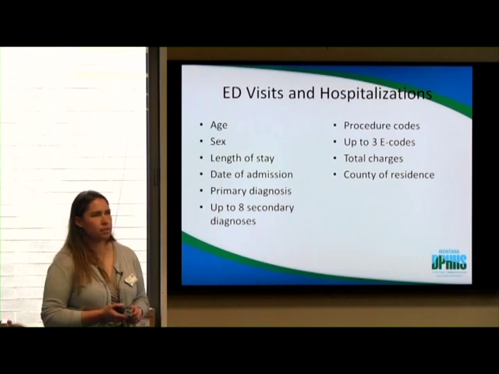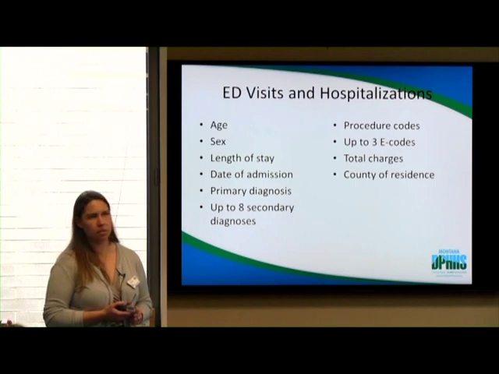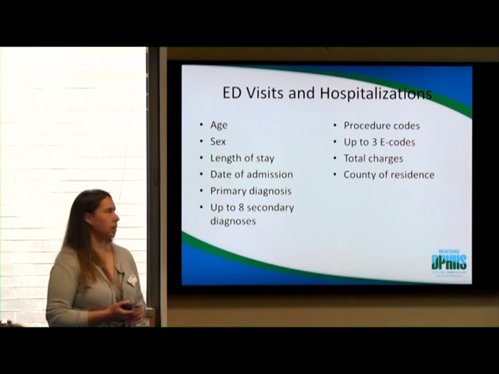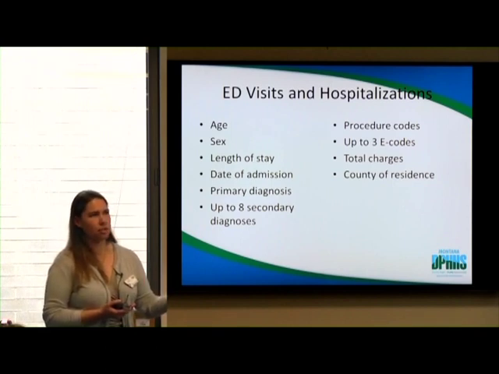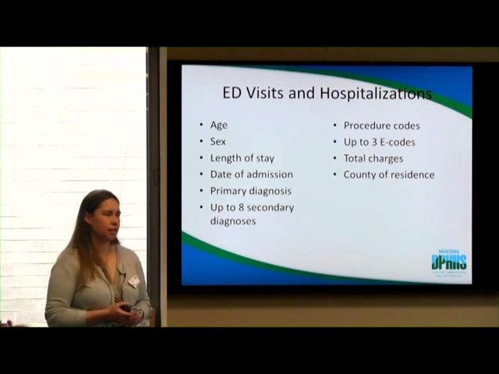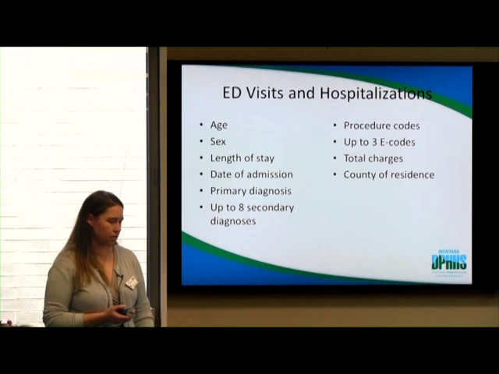The procedure codes, and then there are up to 3 E codes or etiology codes. Those are usually what are used to help classify injuries. That's telling you about mechanism of injury or place of injury. And then the total charges, that's what the hospital charged, not necessarily what they were paid. And then county of residence of the person who was admitted.